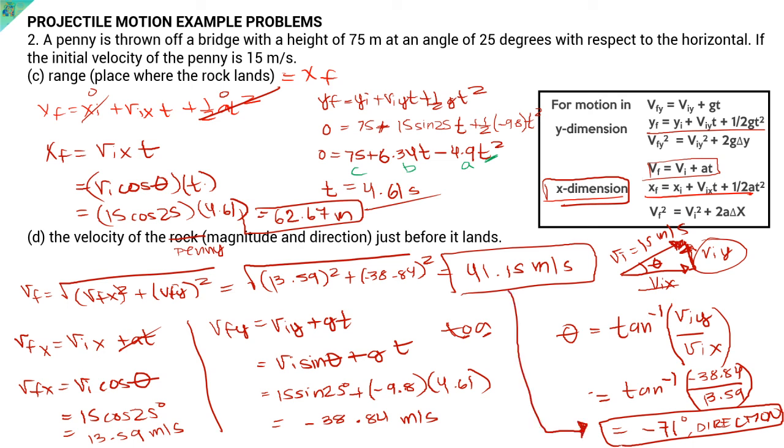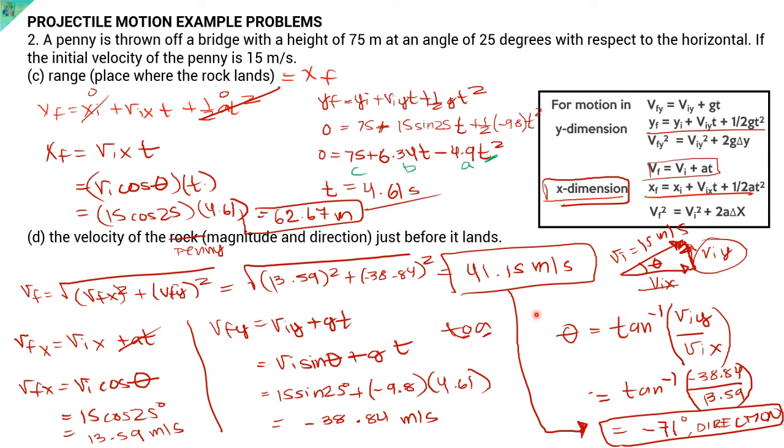Okay, any questions? This arctan here, it's in your trigo, which is the TOA in the SOHCAHTOA. If you don't want to recall that, just remember that arctan here, shift in your calculator, that's shift and then tan, is equal to opposite over adjacent.